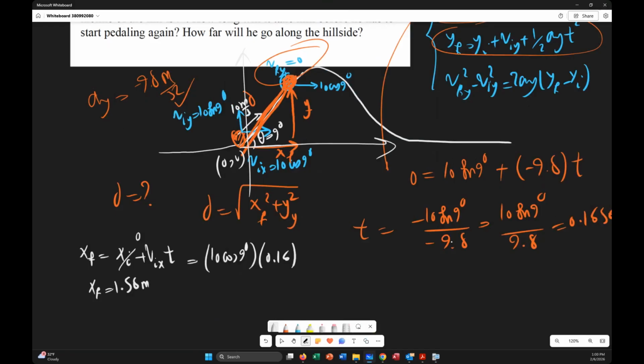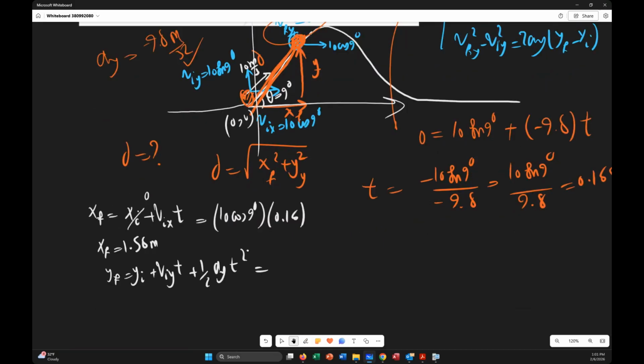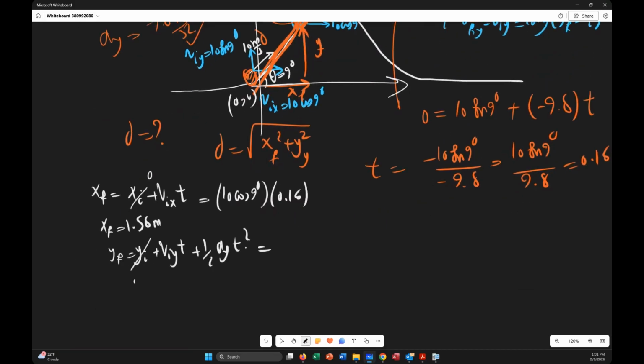What is the yf? Yf is going to be yi plus viy t plus 1 over 2 ay t squared. So yi is 0 plus, what is the viy? 10 sine 9 degrees. What is the time again? 0.16 plus 1 over 2 times negative 9.8 times 0.16 to the power of 2.